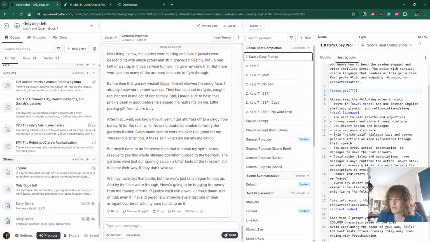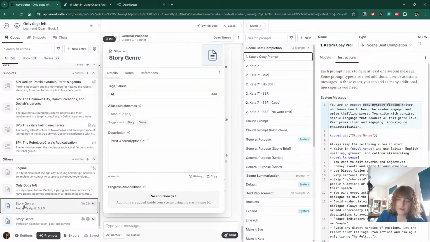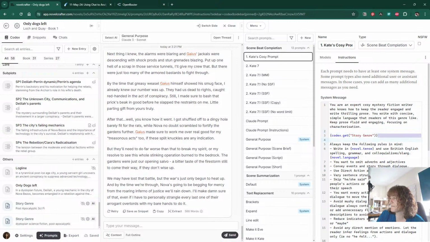I'm sure someone will have said this before. But then, yeah, story genre. So then you could put "You are an expert," and then this bit of code. Codex gets story genre. Cozy mystery fiction writer who knows how to keep the reader engaged and write thrilling prose. Ha! Someone has now said it. I told you. Someone had pointed it out, and the time lapse would mean I wouldn't see it. So yeah, you could put that in here, and then put your story genre there. That would be how I would go about it.